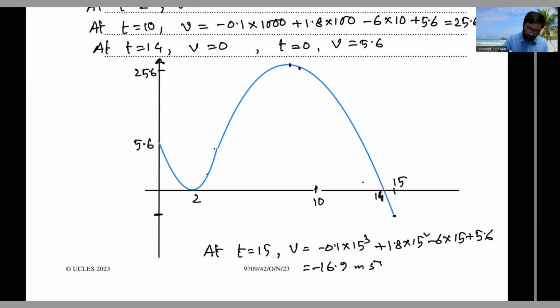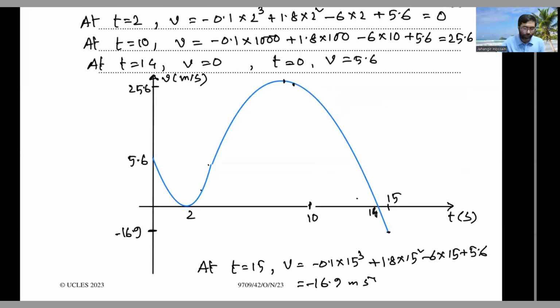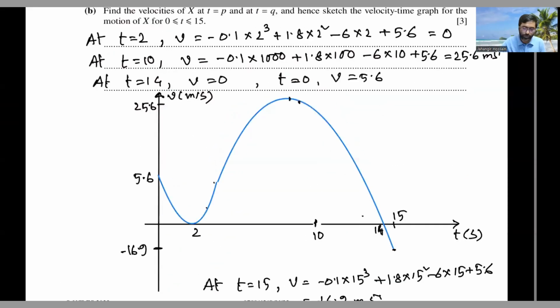So that's minus 16.9. Since it is a sketch, scale does not matter. Okay, now that's part B, the velocity time graph.